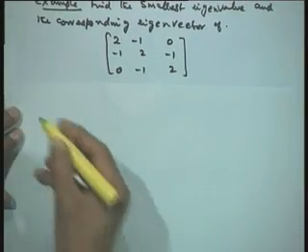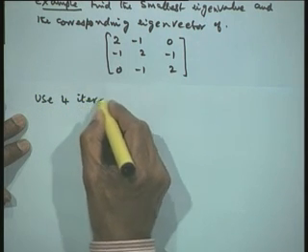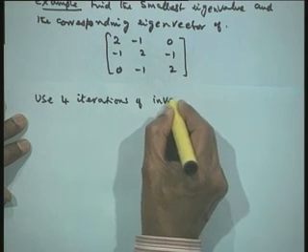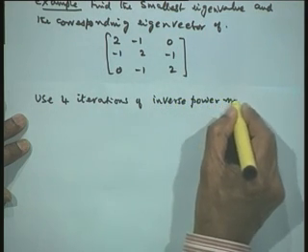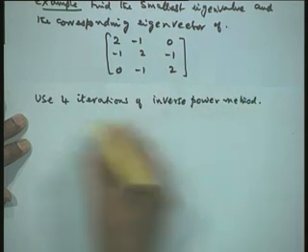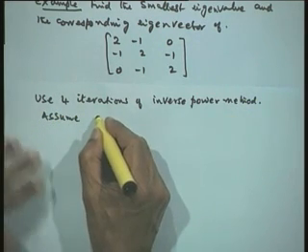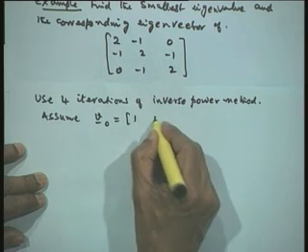Let us also specify the number of iterations. Use 4 iterations of inverse power method. Let us give the initial vector, again let us take it as 1 1 1.